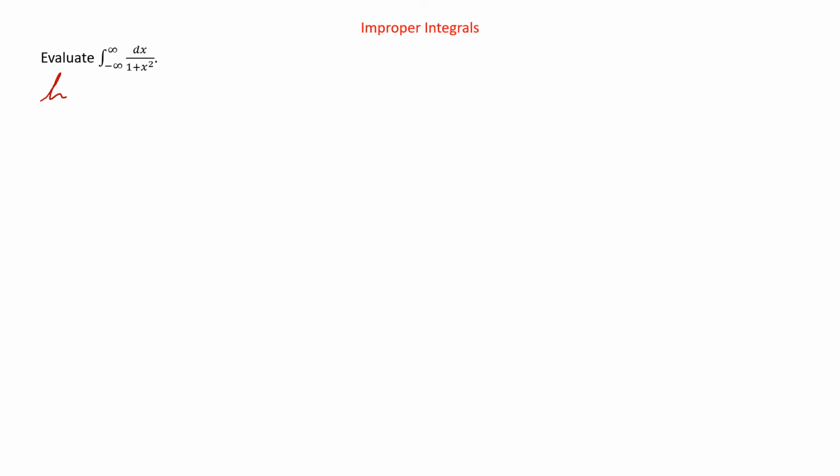So we're going to take the limit as a goes to negative infinity of a to 0 dx over 1 plus x squared plus the limit as b goes to infinity of 0 to b of dx over 1 plus x squared. Now we can find the antiderivative of the 1 over 1 plus x squared. If you remember your antiderivatives, that is an inverse tangent.